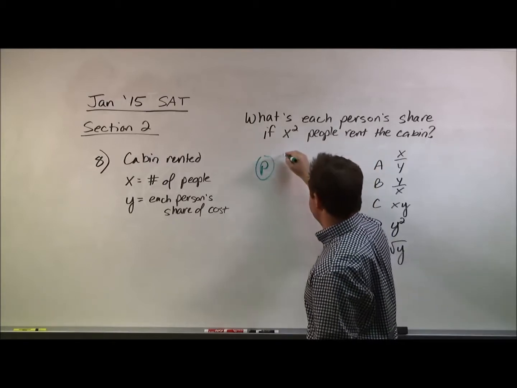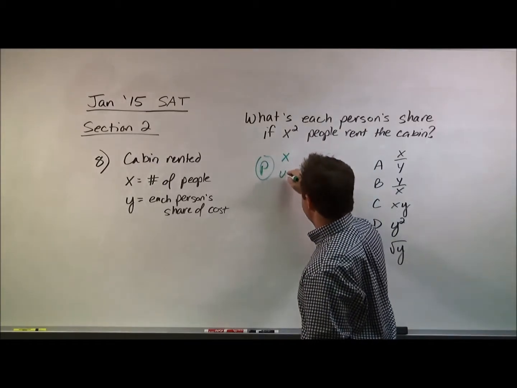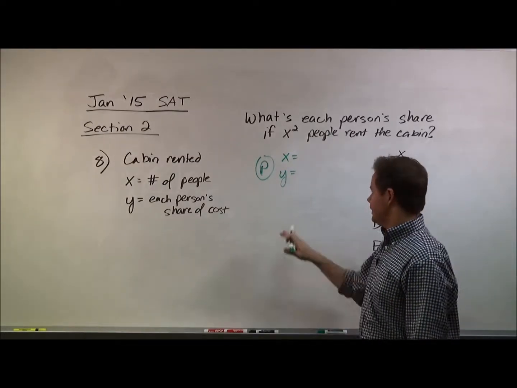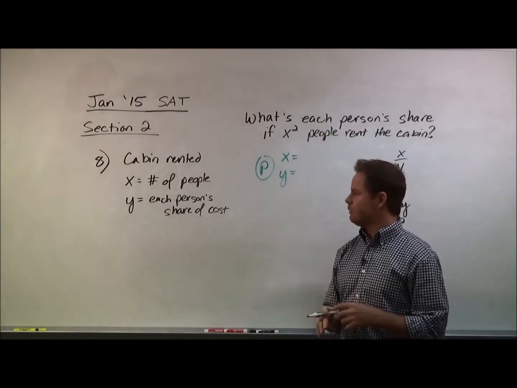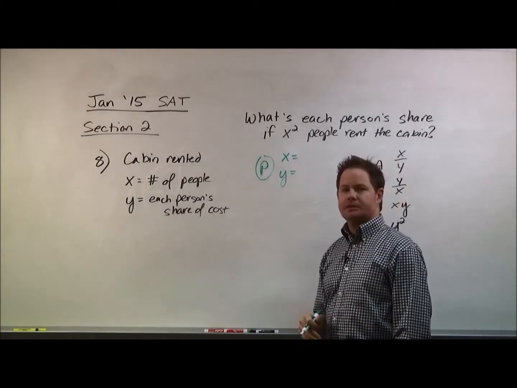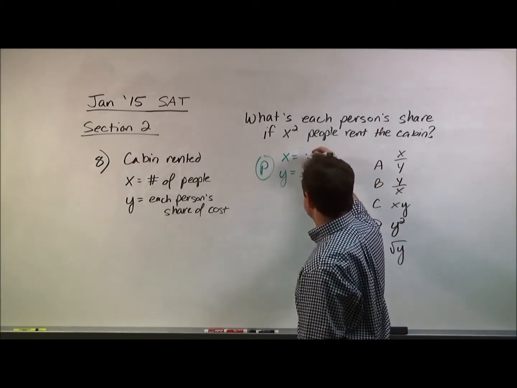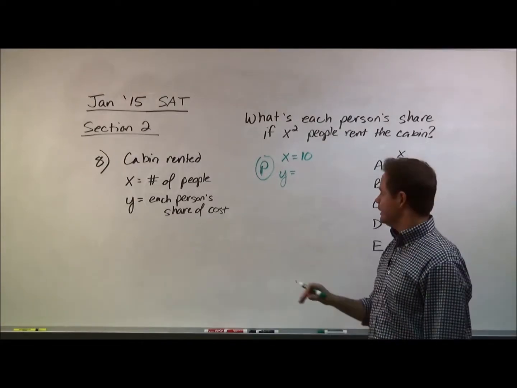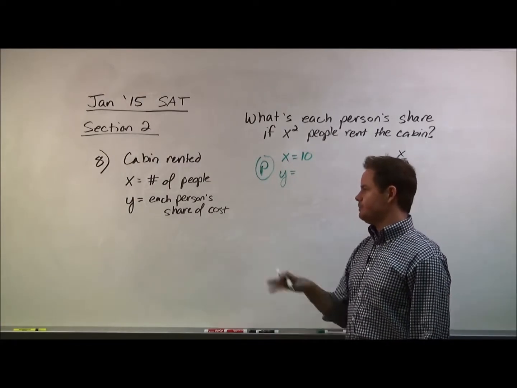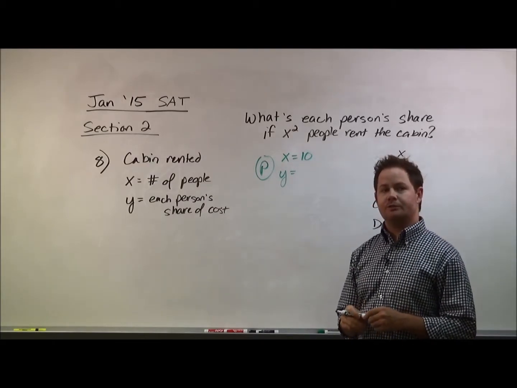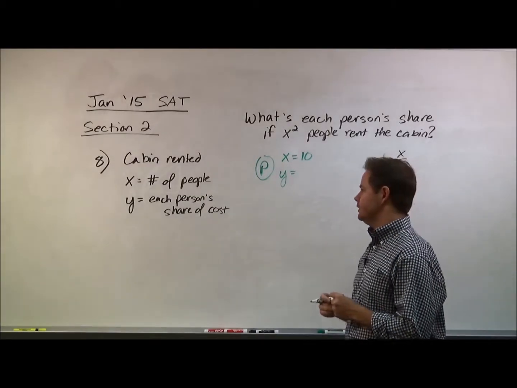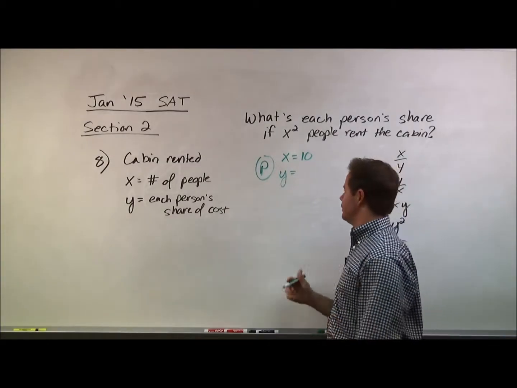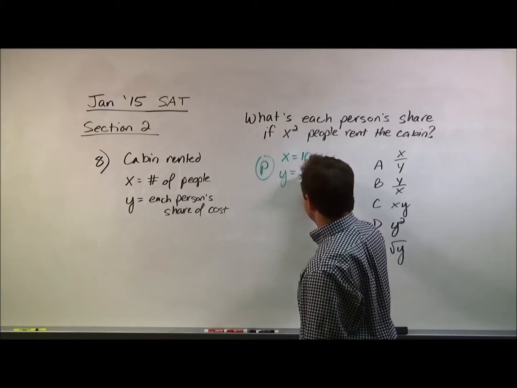So for example, let's see here if we pick values for X and Y, some numbers that might work well together. Let's say you have 10 people renting the cabin, and let's say the value for Y, each person's share of the cost, what each person is going to contribute to the cost, is, let's say each person for the weekend at the cabin is putting in $20.